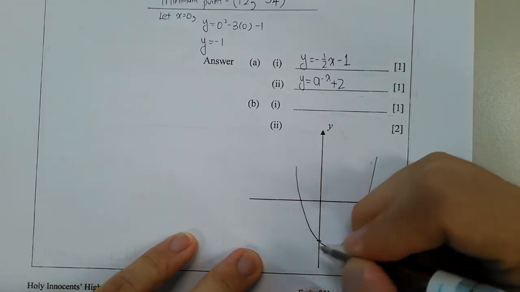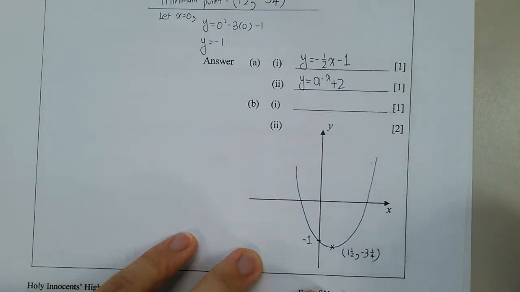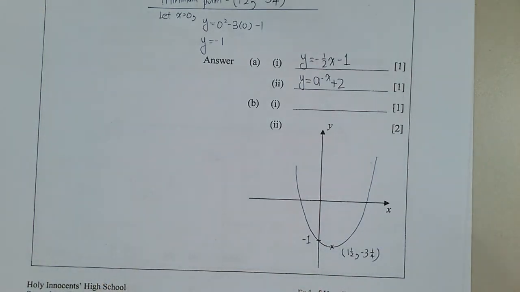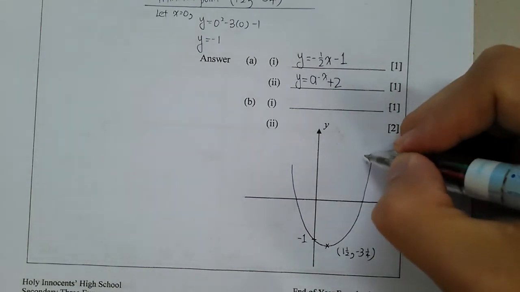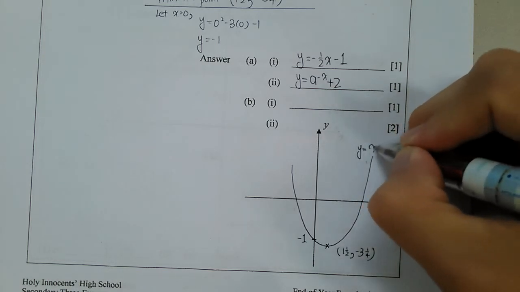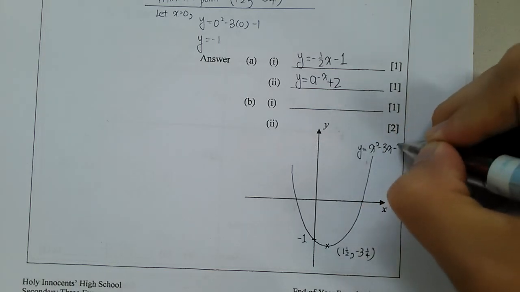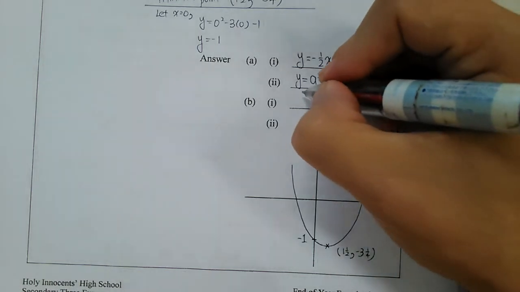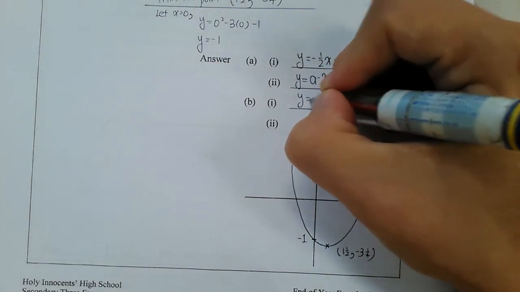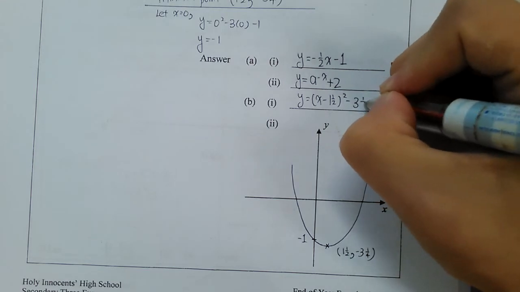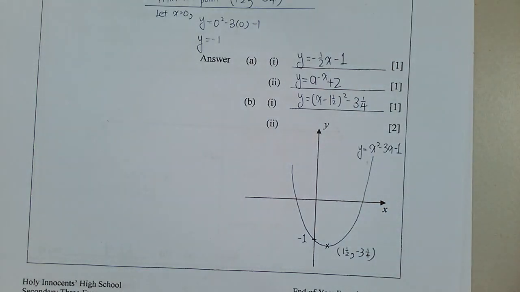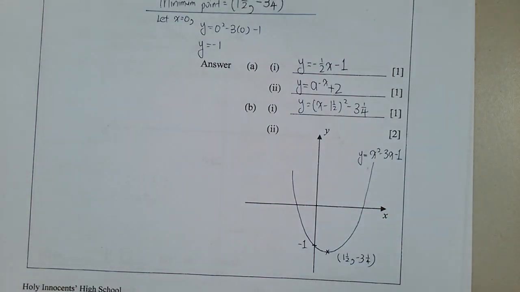And this point here should be -1. My scaling's a bit off, but it is somewhere there. And this is the graph of y equals x squared minus 3x minus 1. I forgot to fill in this part here: y equals (x minus 1.5) squared minus 3 and 1/4. And that concludes question 15b.